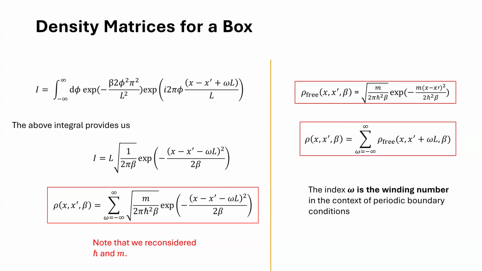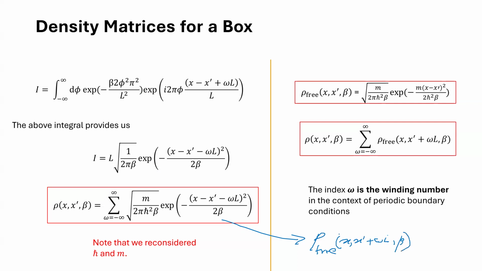So this is like rho free of x, plus omega L, and beta.